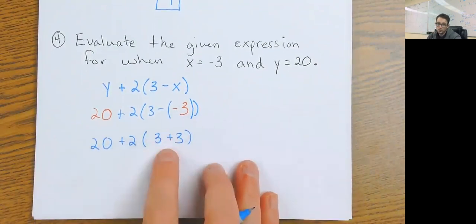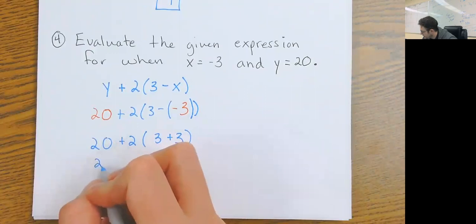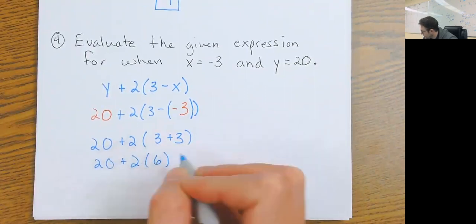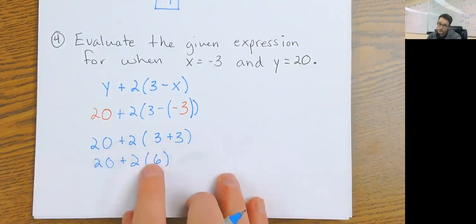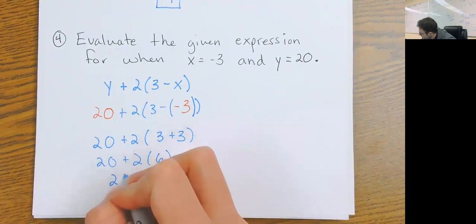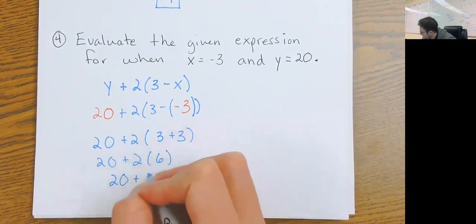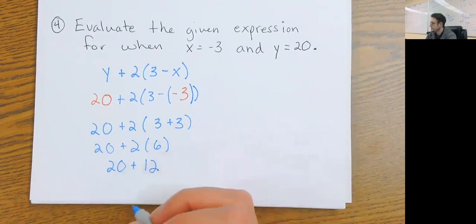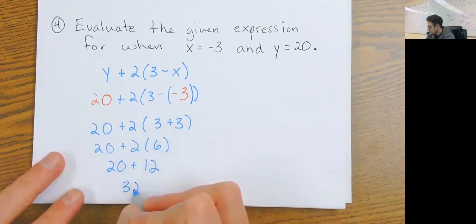Now what is 3 plus 3? 20 plus 2 times 6. What is 2 times 6? Because that's the next step. So 2 times 6 is 12. And then last step, addition. So we get 32.